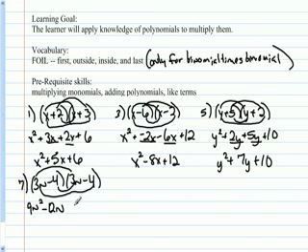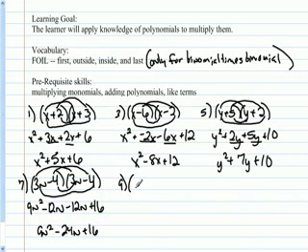Inside terms are negative 4 and positive 3n, which is negative 12n. Negative 4 times negative 4, which is last, becomes positive 16. So I have 9n squared, negative 12n, and negative 12n is negative 24n plus 16.